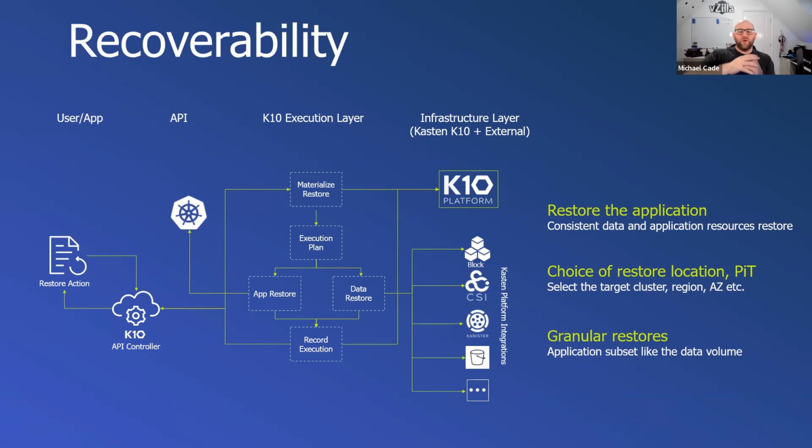If you think about your application being built of 10 to 100 different artifacts, pods, deployments and other areas, maybe you only want to bring back the PVC, the persistent volume claim, which has got your important data in, and you just want to use a web browser, Mongo Express for example, to dive into that, glean some information, create something against that, and mask some of that data before giving it to a developer team. We can do that as well.